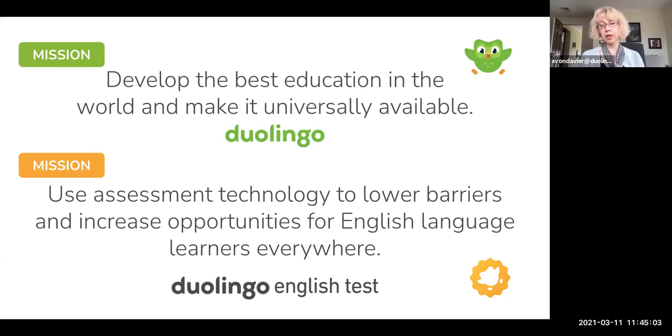So we have a very strong social mission, and it's about making education universally available. And also for the assessment to use technology in a way in which can lower barriers and increase opportunities for English language learners everywhere.